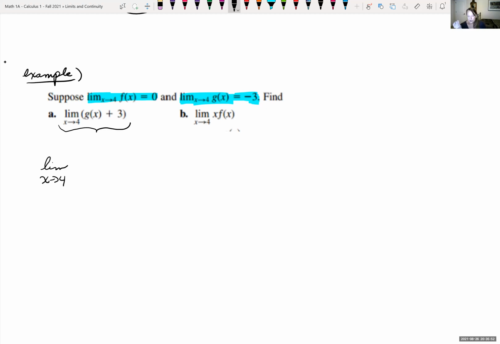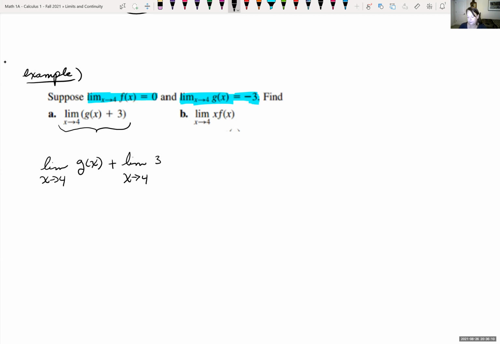But recall by those limit rules, if we had a sum of 2 functions and we're looking at the limit, we can look at the limit of the first function. So we could rewrite this as the limit as x approaches 4 of g of x plus the limit as x approaches 4 of 3.